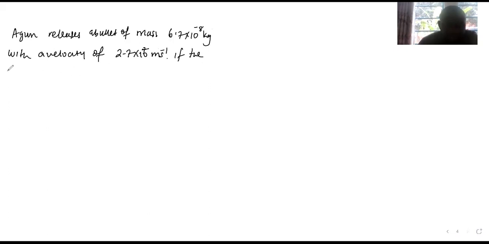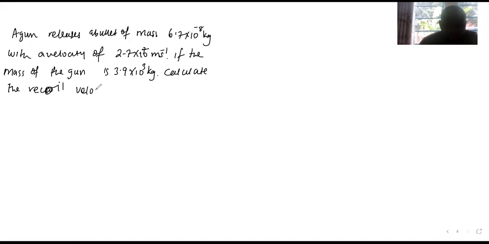If the mass of the gun is 3.9 times 10 to the power 3 kgs, calculate the recoil velocity of the gun.